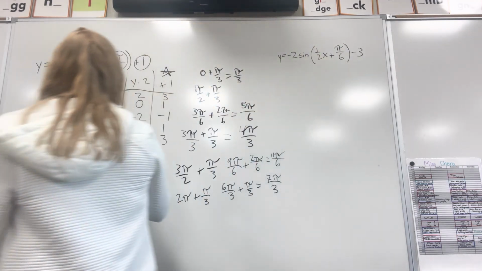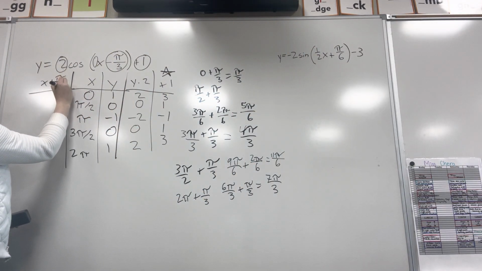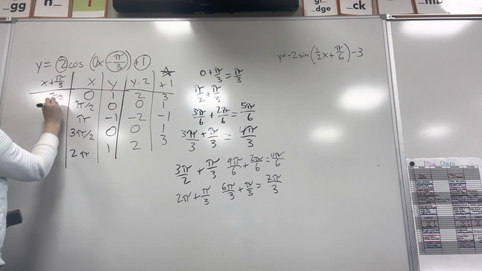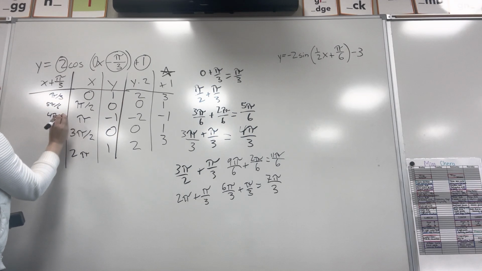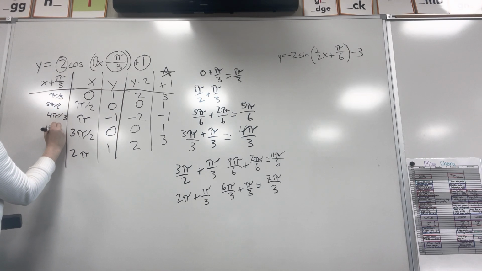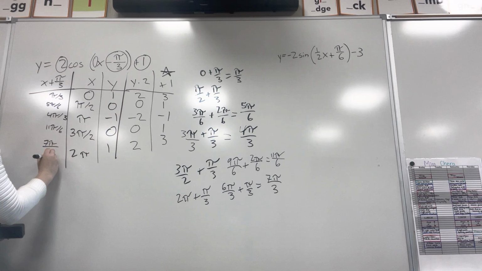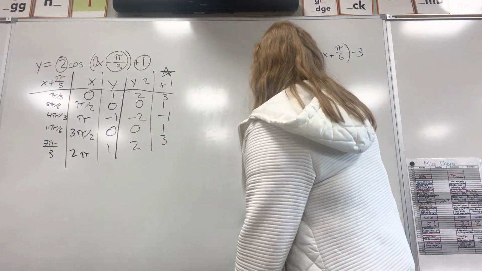So let me just move them over. We've got x plus pi over 3: pi over 3, 5 pi over 6, 4 pi over 3, 11 pi over 6, and 7 pi over 3. Okay, I'll just erase these and then go ahead and graph it.